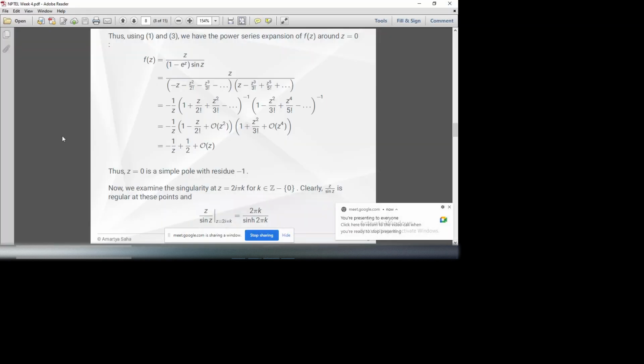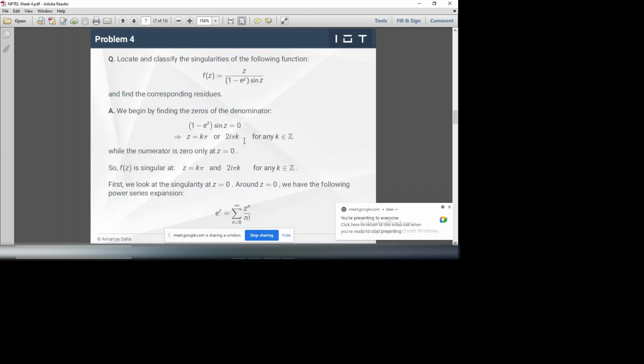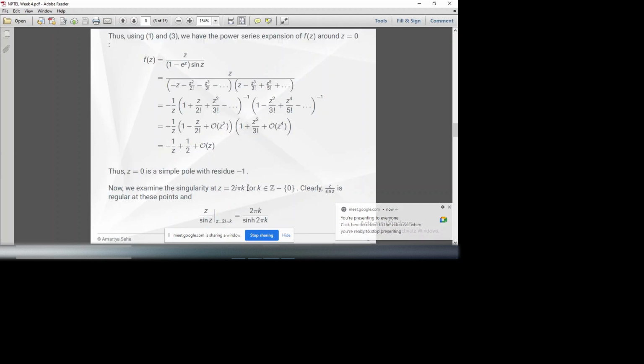Then let us move on to the other singularities. So now we'll examine the singularity at z equals 2 pi ik for k integer other than 0. So 0 had to be treated separately. So these are the singularities, and now we have to look at them. Here I have used a shortcut.